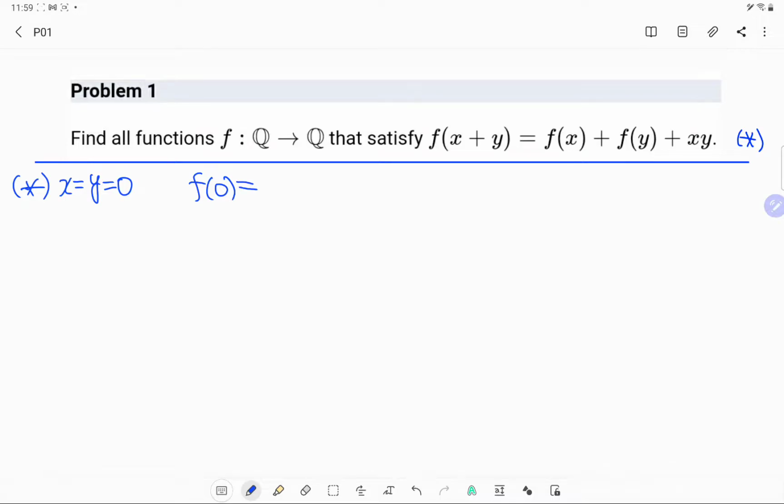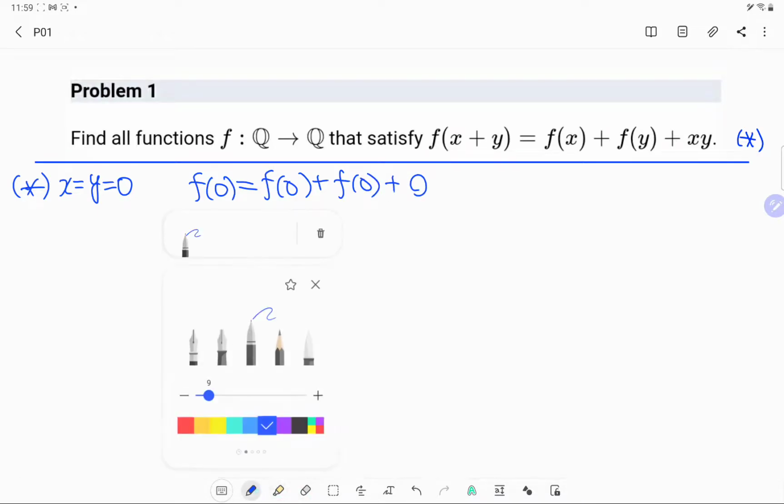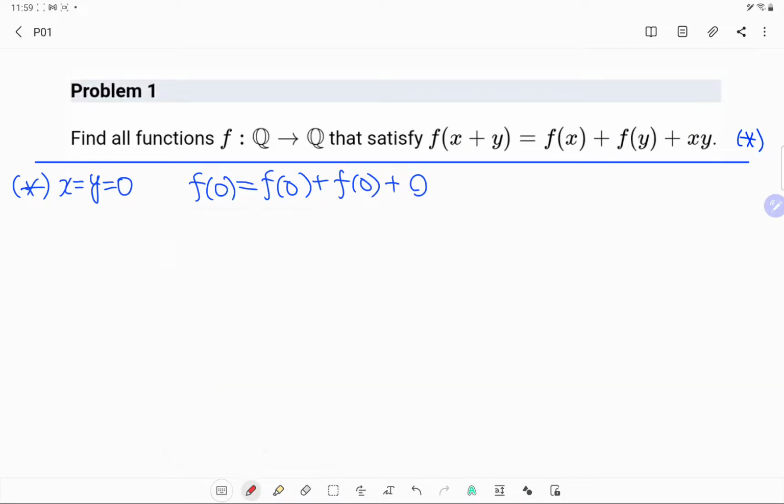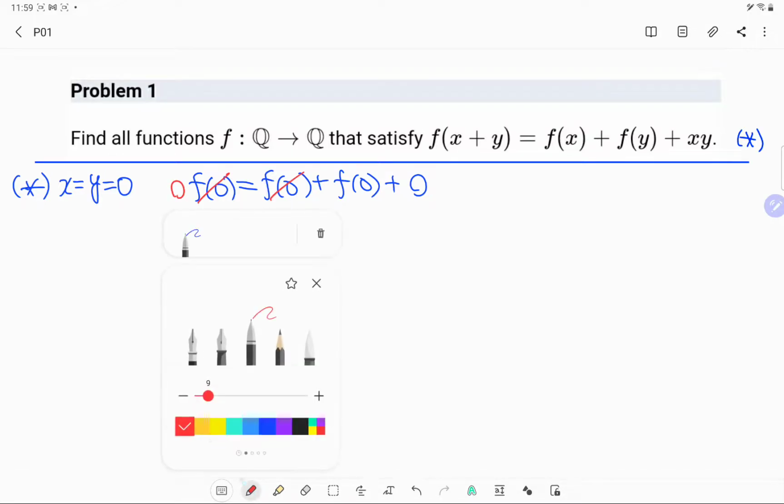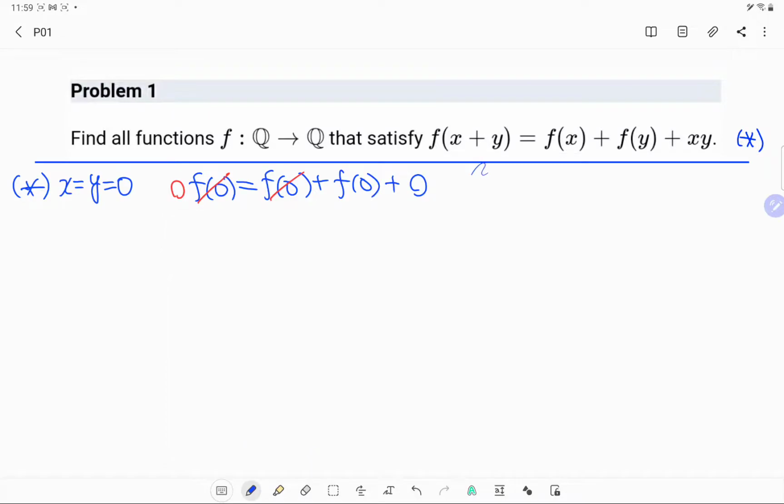On the right side, f of 0 plus f of 0 plus 0 times 0, which is 0. So in this case, we can cancel f of 0, f of 0. So it turns out to be f of 0 equals 0. So this is a good start.